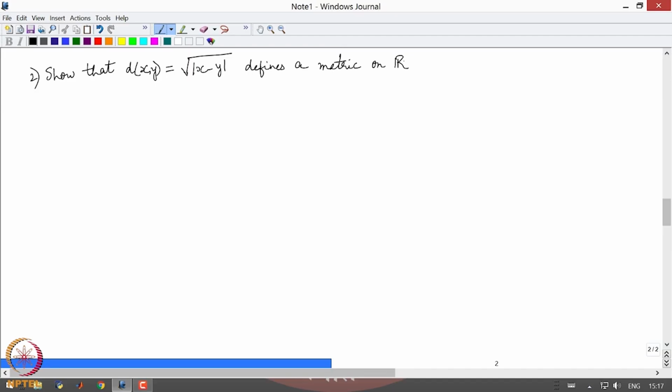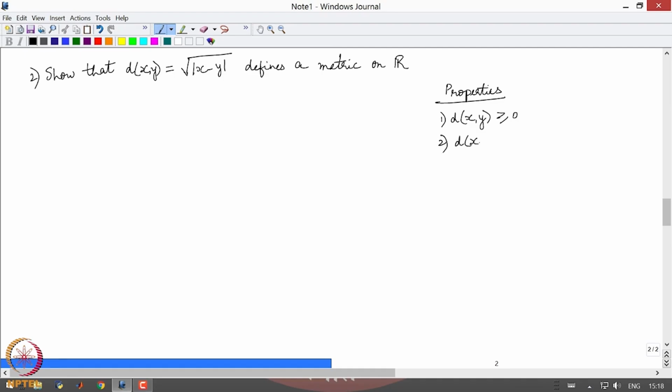So, we have seen that there exist 4 properties which every metric should satisfy, and the first among them is the distance between x and y should be greater than or equals to 0.